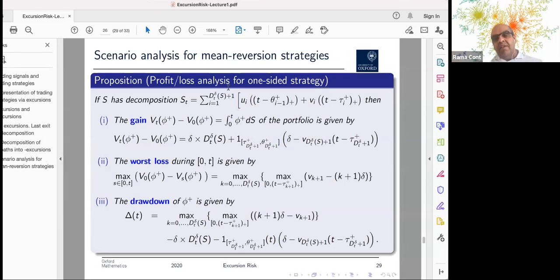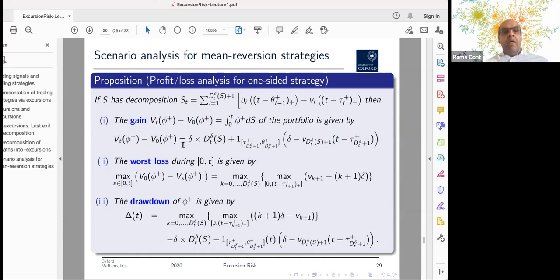Obviously you will have exactly similar formulas for the downside version and for the two-sided version. I'm just going to give you this one, but it's the same type of formulas for all of the other examples. So what you see is that all of these quantities we're interested in have simple expressions in terms of this decomposition. You give me this decomposition, I compute in two lines any of these expressions.